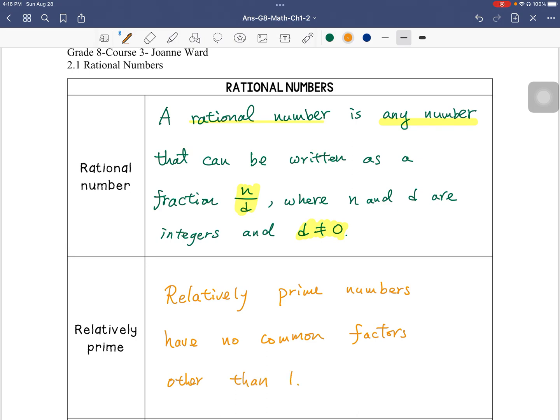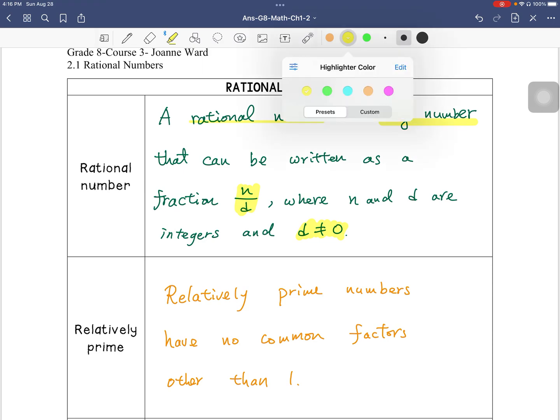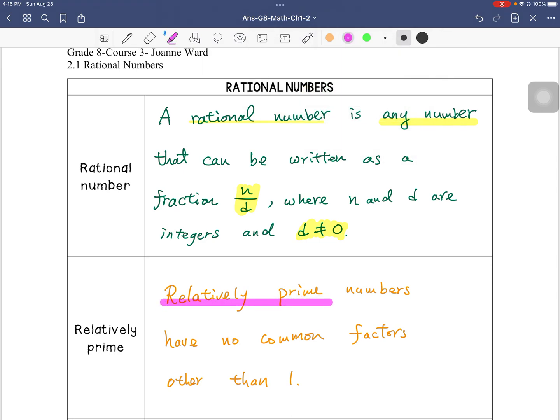So relatively prime numbers have no other common factors than 1.